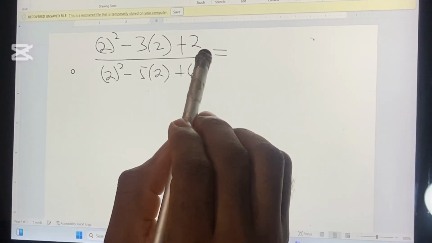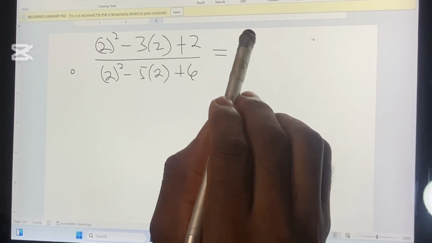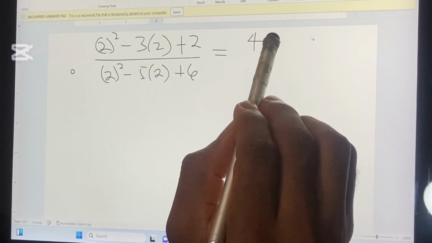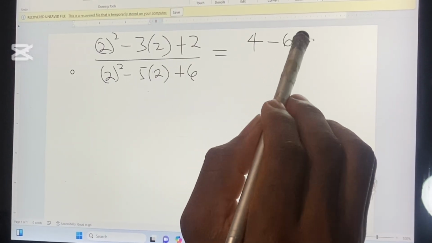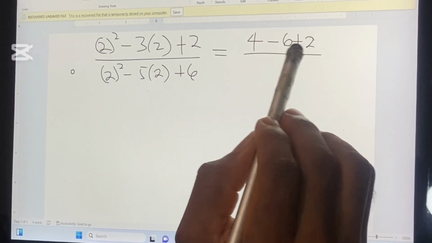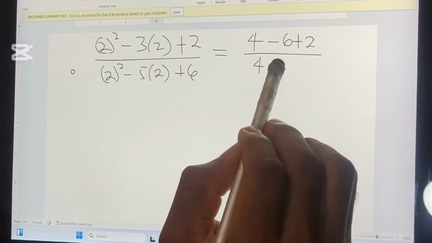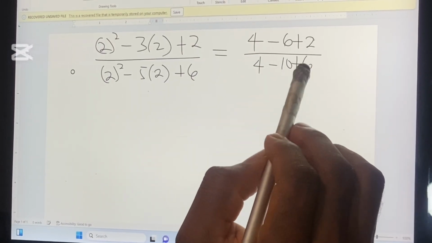So class, 2 squared is 4. That is, we have 4 minus 6 plus 2 over 4 minus 10 plus 6.